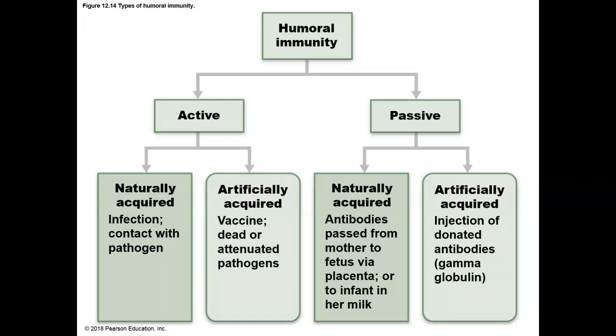Artificially acquired active immunity would be where you're taking in a vaccine. So for those of you who have gotten your flu shots for this year, the flu shot is for the influenza virus that attacks the lungs and the respiratory system.